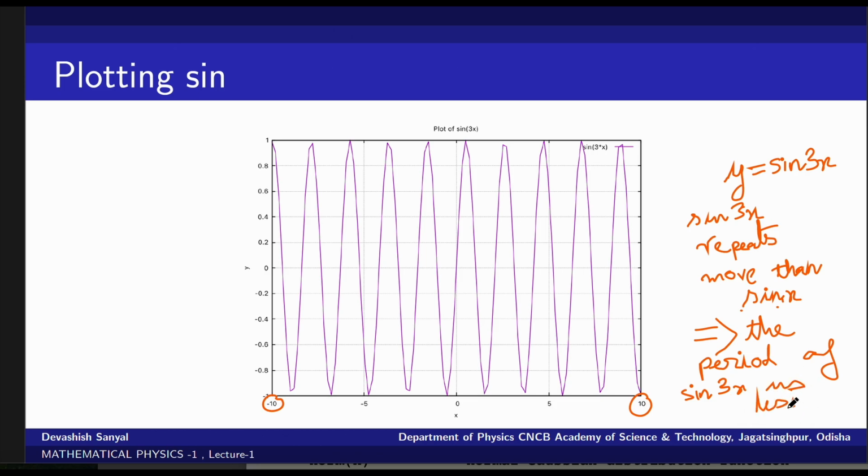The period of sin 3x is less compared to sin x.